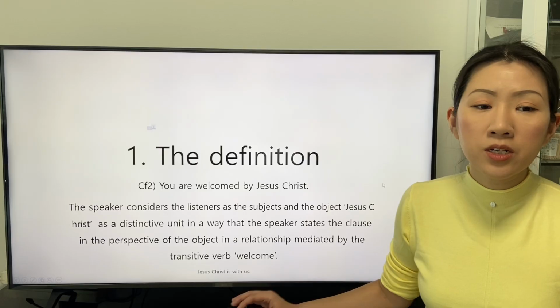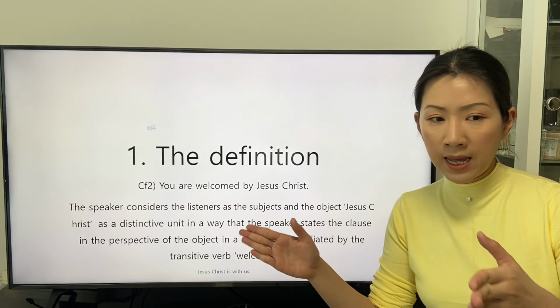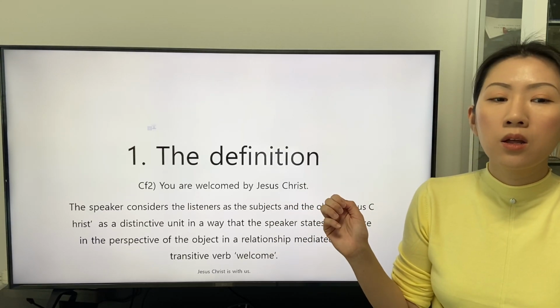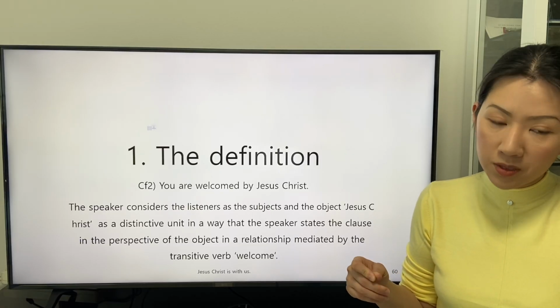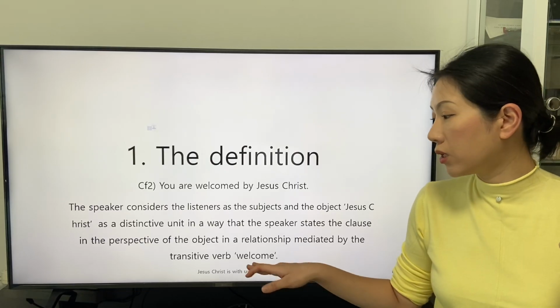The speaker considers the listeners as the subject and the object, Jesus Christ, as a distinctive unit in a way that the speaker sees the clause from the perspective of the object in a relationship mediated by the transitive verb welcome.